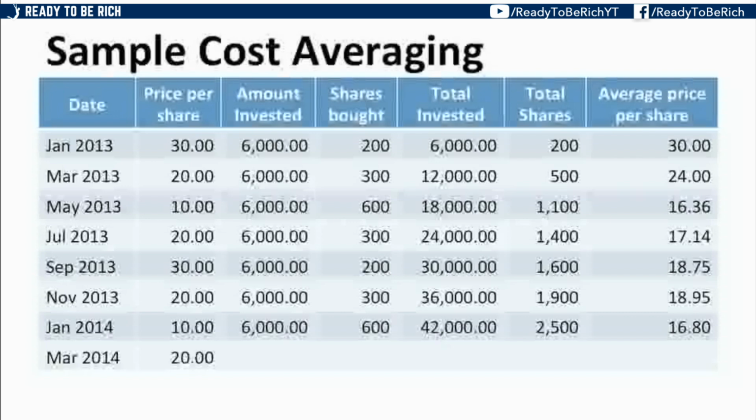Ngayon, kung binili mo siya during March 2013, hindi mo pa rin siya mabebenta because of the fees and the taxes, will also probably lose money. Finally, if you invested during May 2013 or even in January 2014, kikita ka kasi 10 pesos per share mo lang siya na bili. But the question is, how do you know if it is already at the bottom?